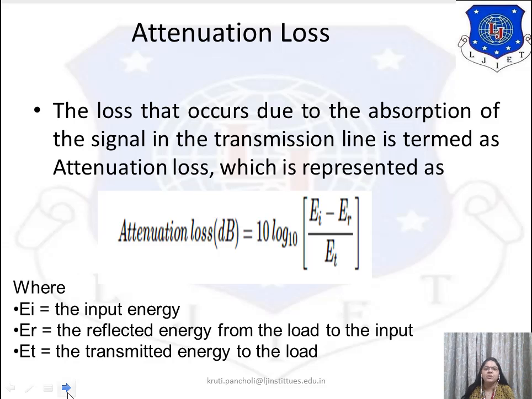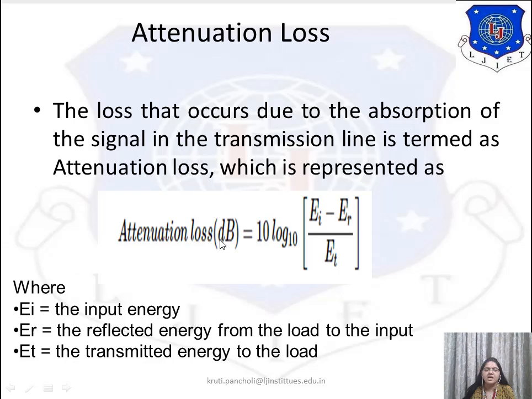First is attenuation loss. When the signal is transmitted from the transmitting end, some part of the signal is absorbed in the transmission line, so that is known as the attenuation loss. So the loss that occurs due to the absorption of the signal in the transmission line is termed as attenuation loss.